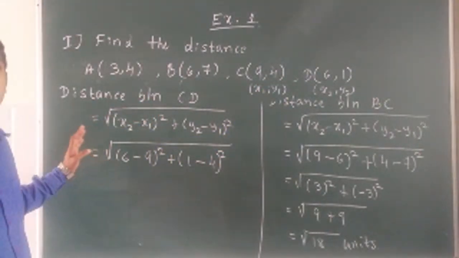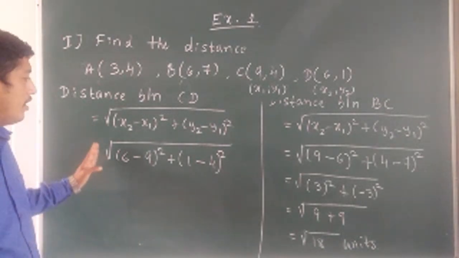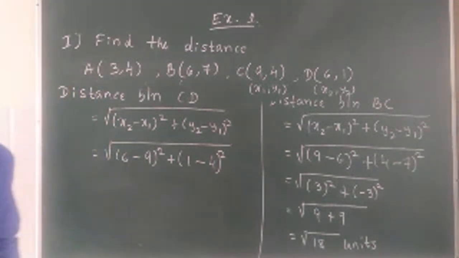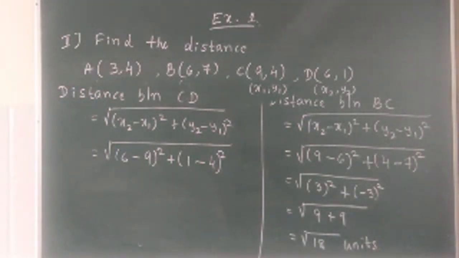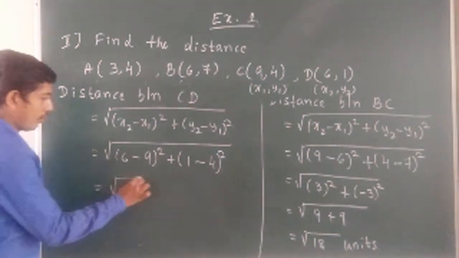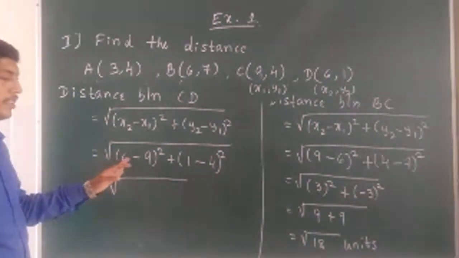So we got, comment with the answer, square root of 6 minus 9 whole square plus 1 minus 4 whole square. After simplification the value becomes what? CD equals square root of 18, as given by Pramod Katti. Six minus 9.